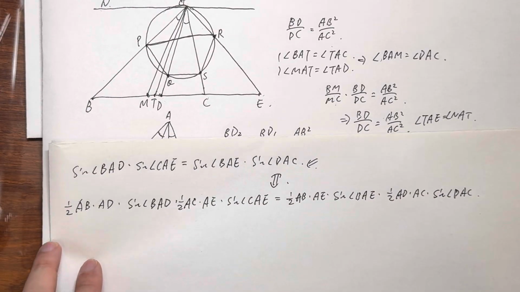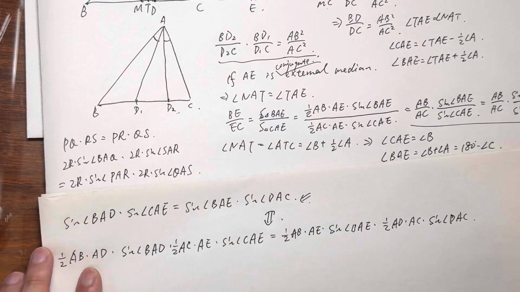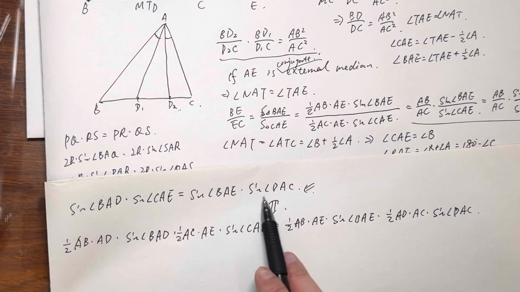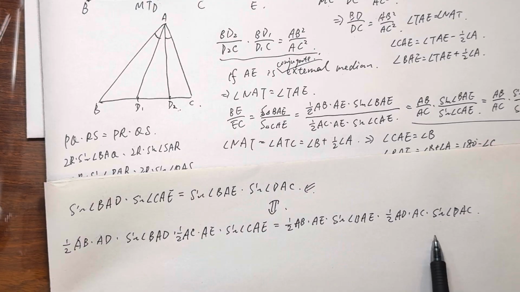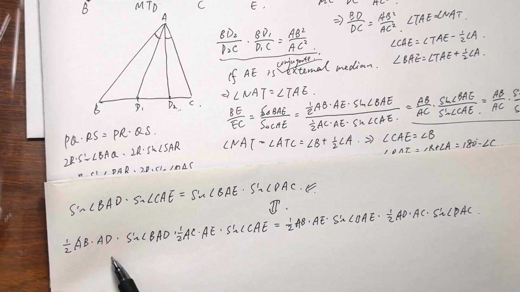Right. So we basically change this one to this one. On both sides, we multiply by AB, AD, AC, AE.